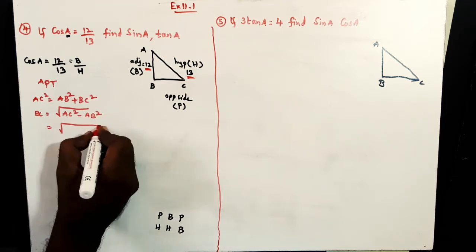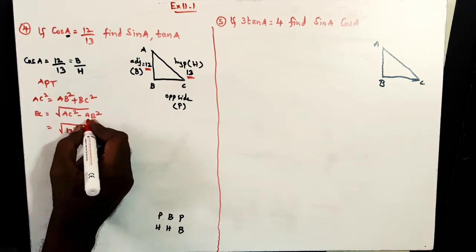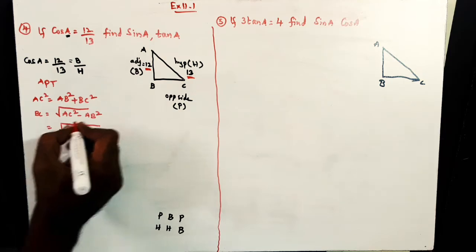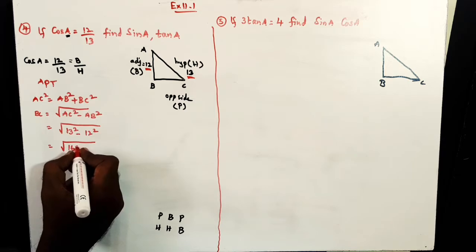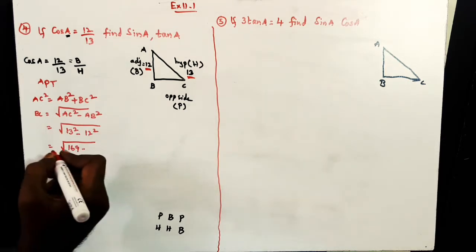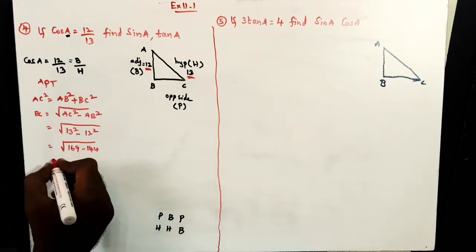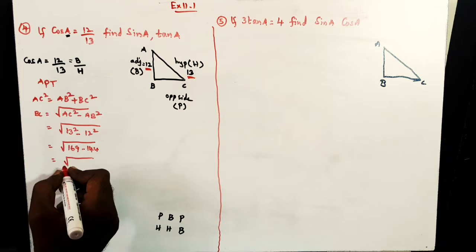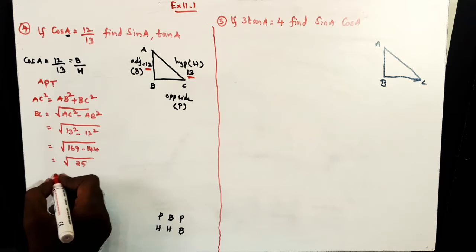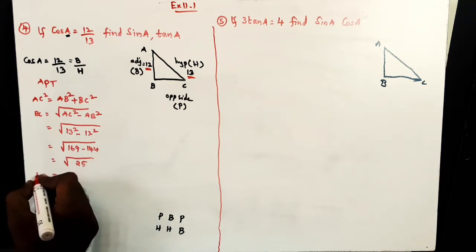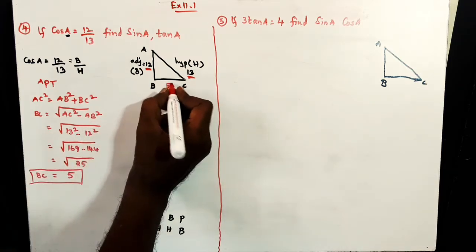So AC is 13, 13 square minus AB, 12 square. 13 square is 169 minus 12 square, which is 144. That gives you 169 minus 144 is 25. So the square root of 25 is 5. So BC is equal to 5 centimeters.